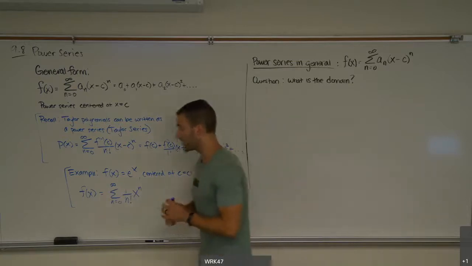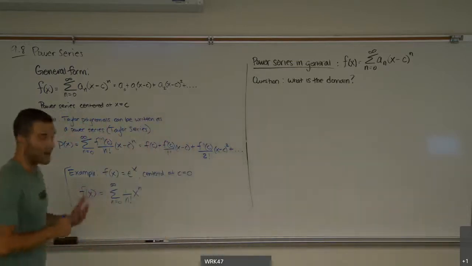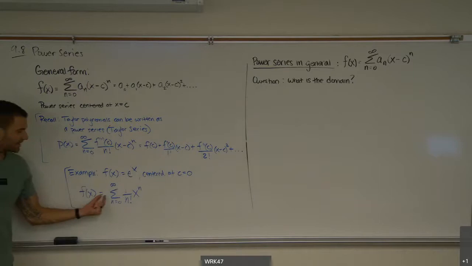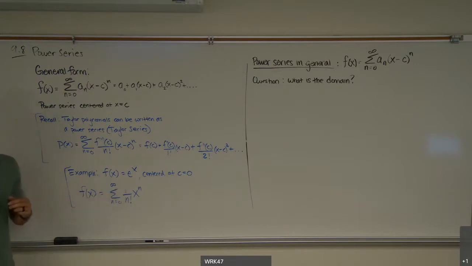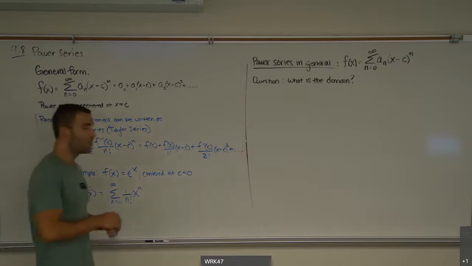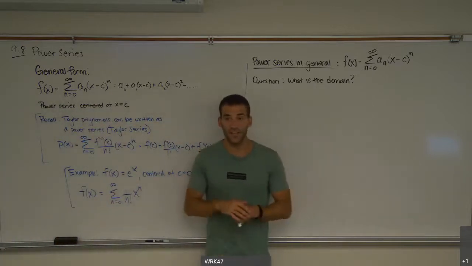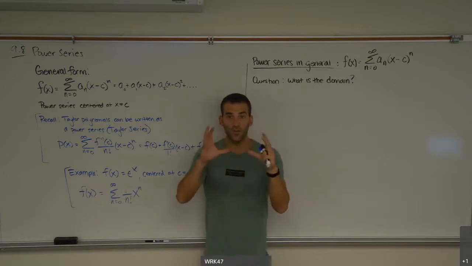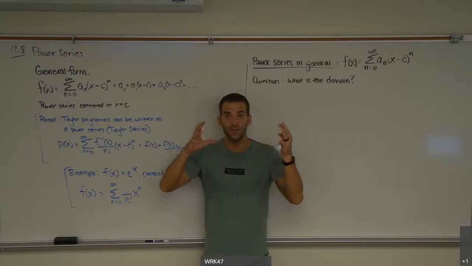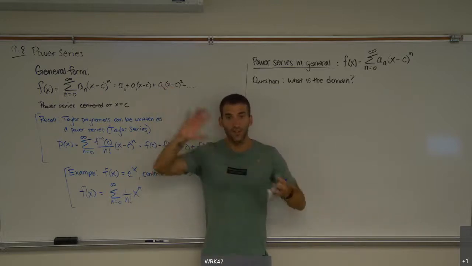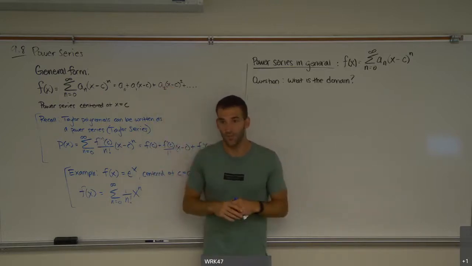Now, really the question, and this is what we're going to try to answer in this video, is: can I really say equals right now? Is e to the x actually equal to it? Because the idea of Taylor polynomials was an approximation. And when we looked at that visualization in the last video, you saw that even though it looks good for a decent amount of time, if I start to zoom out, then at some point that polynomial diverges from the curve. It doesn't agree with it anymore.